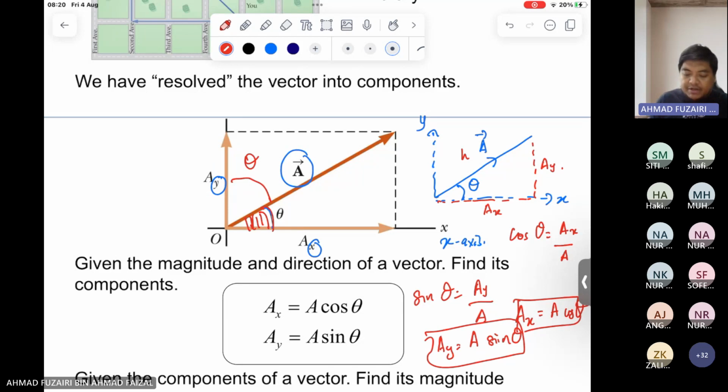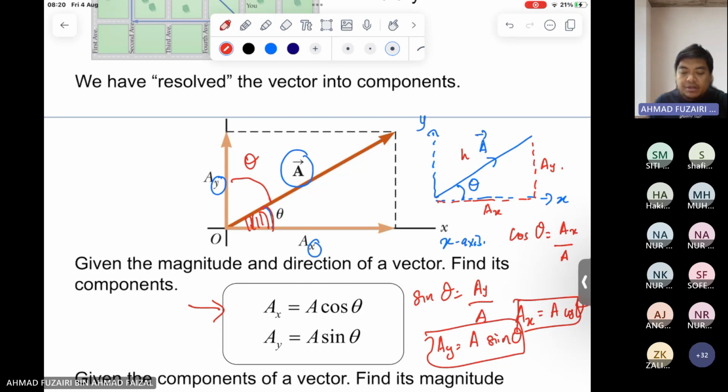Normally itu yang kita selalu hafal ni. Dalam kotak ni dulu, masa zaman sekolah, kita selalu hafal macam ni. Apa komponen X untuk vector, A cos theta. Apa komponen Y untuk vector, A sin theta. It's very dangerous to understand like that. Sebab angle yang diberi dalam gambar rajah itu, maknanya bila awak nak hafal, awak kena datang dengan gambar rajah sekali. You need to learn in terms of diagram.